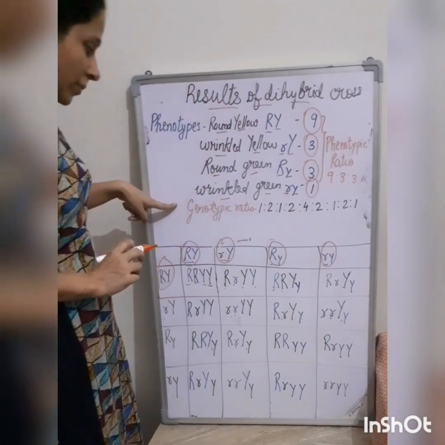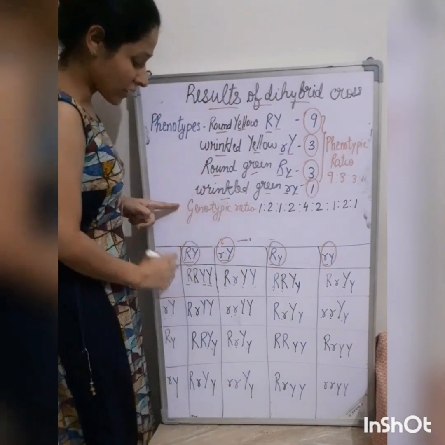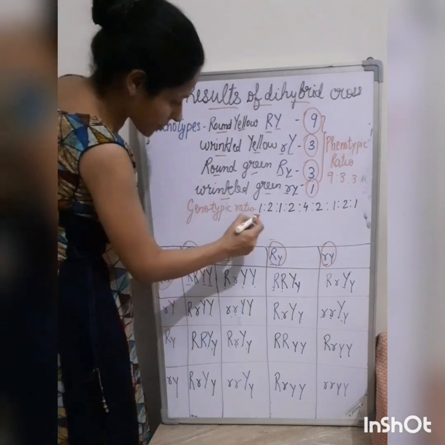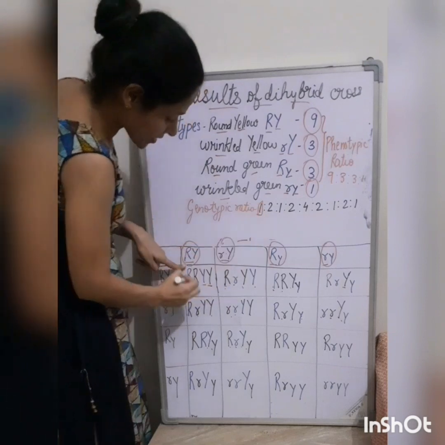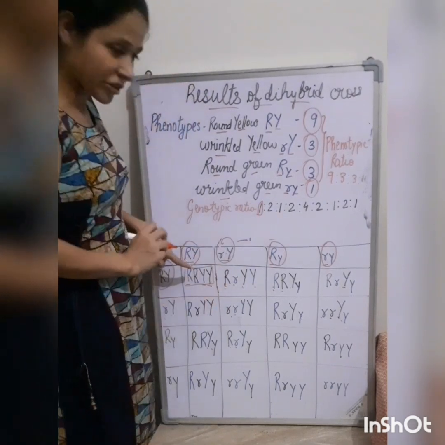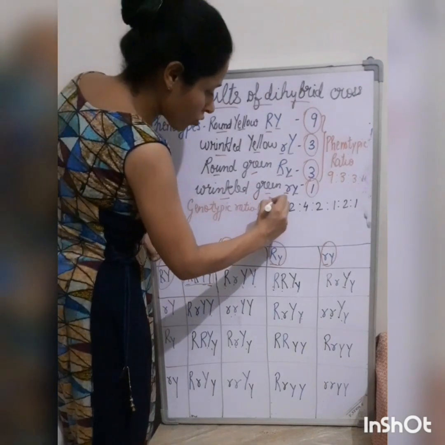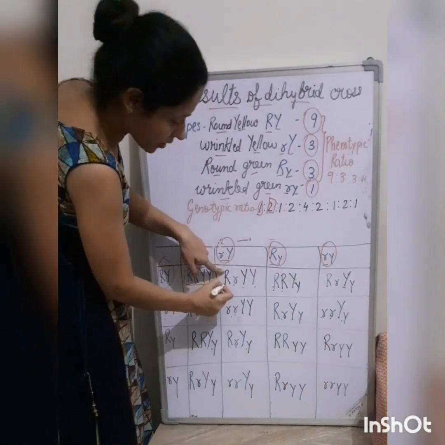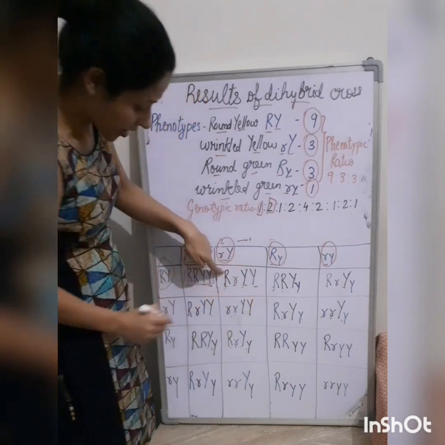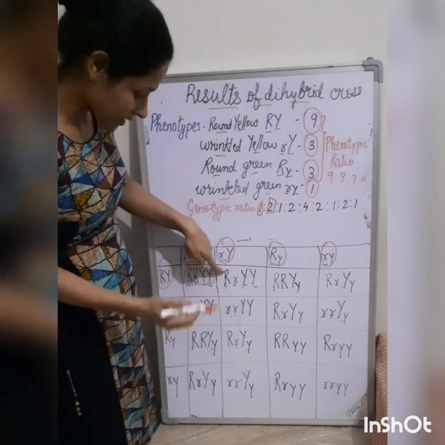And how is the genotypic ratio obtained? It is obtained from here, from the set of alleles. For example, 1 here is for capital R, capital R, capital Y, capital Y. 2 is for this one, capital R, small r, capital Y, capital Y. So you have to count these.